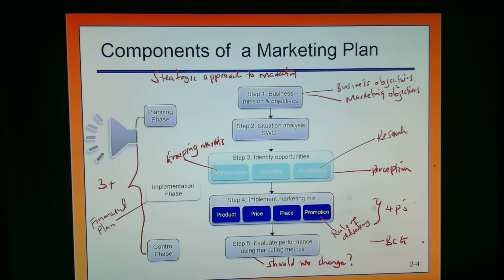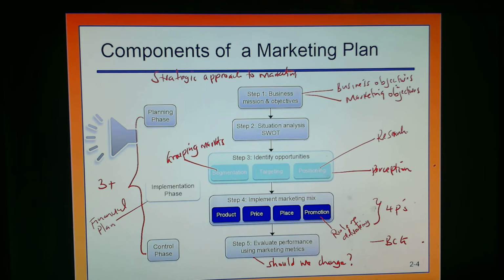And then the next thing we have to do is step 4, where we have to implement a marketing mix. That's where the IMC, the integrated marketing communication, comes in, because we still have to find a price that we are going to charge. We still have to find how we're going to distribute or make consumers access the products.